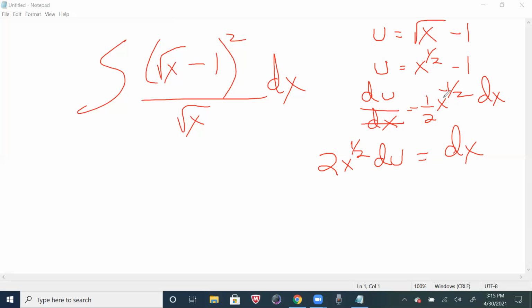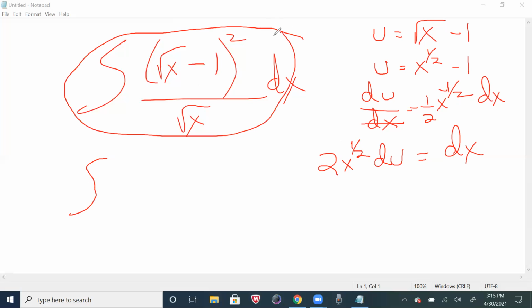And yeah, I'm going to be dividing by an x to the minus 1/2. So I think this is correct. So now my goal is to rewrite this integral as an integral in u. Right. So the first step is u squared, and let's just go ahead and leave that in there.